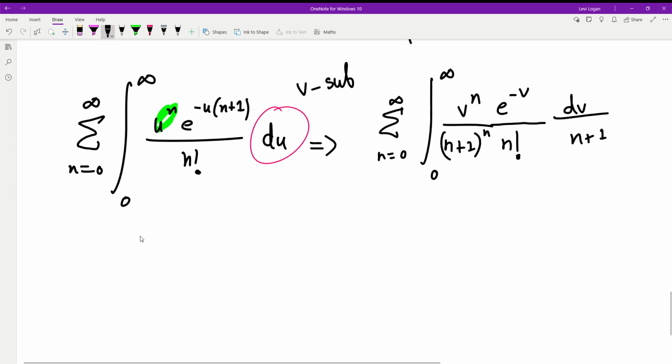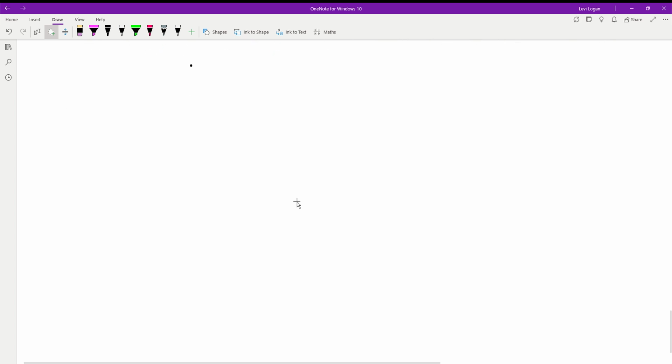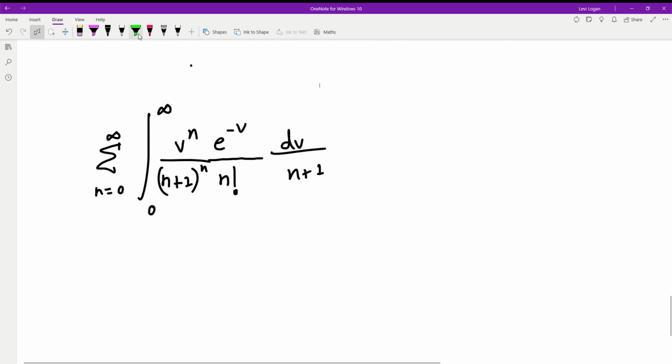Okay, so just copying this and moving it down here where there's a bit more room. We've still got something very complicated, but you can see that is the same as that. So what effectively I have is (n plus 1) to the n times by n plus 1.